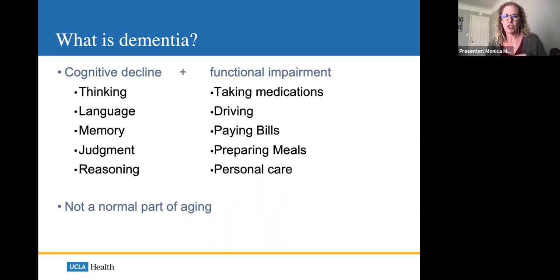Dementia is a word that describes a group of symptoms, and you have to have both cognitive decline as well as a functional impairment. The cognitive decline must be in one of five areas: thinking, language, memory, judgment, or reasoning.